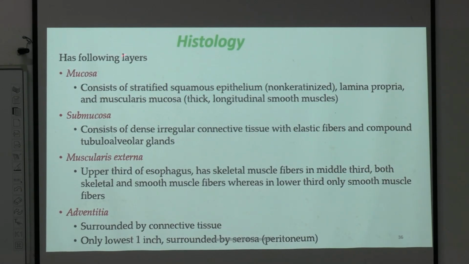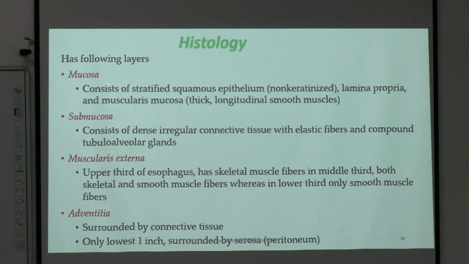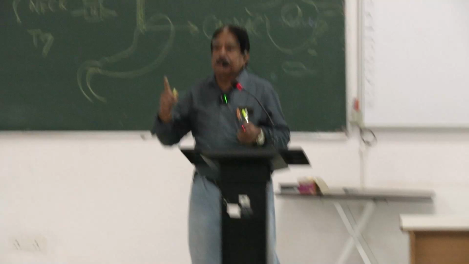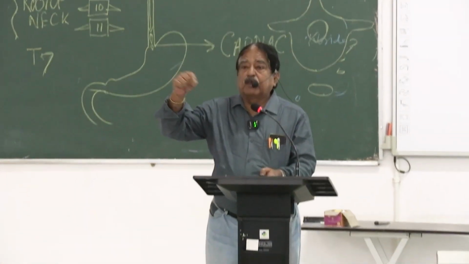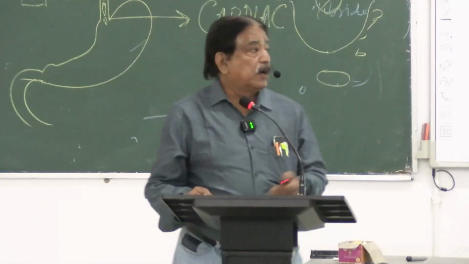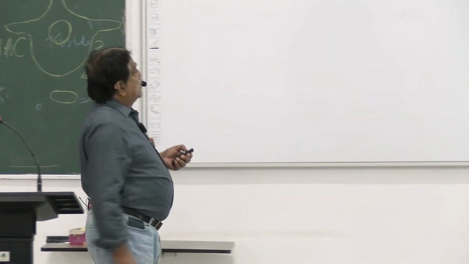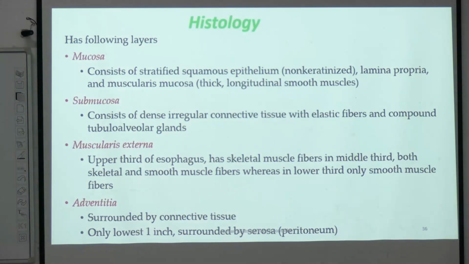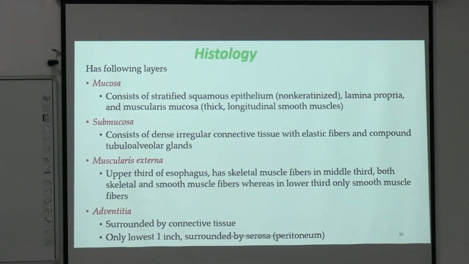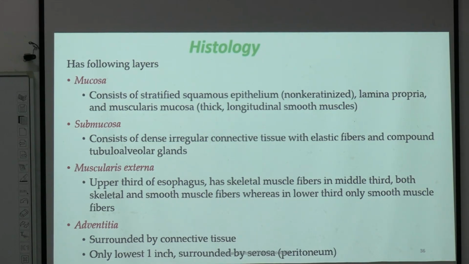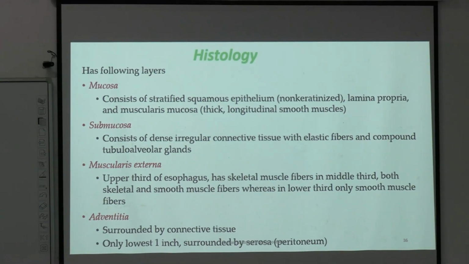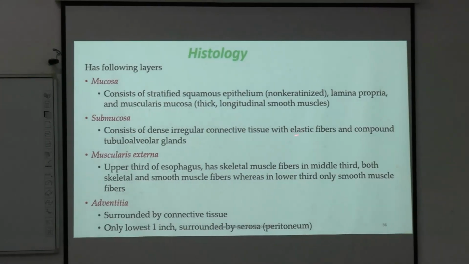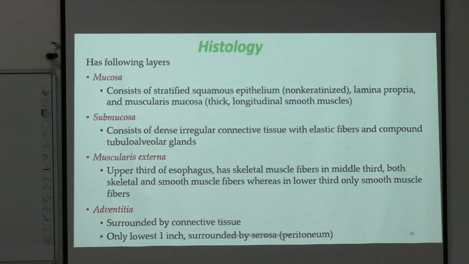Now the histology has the following layers. Mucosa consists of stratified squamous epithelium, as I showed you in histology, because squamous cell carcinoma is the predominant malignancy in the esophagus. The submucosa consists of dense irregular connective tissue with elastic fibers and compound tubuloalveolar glands.